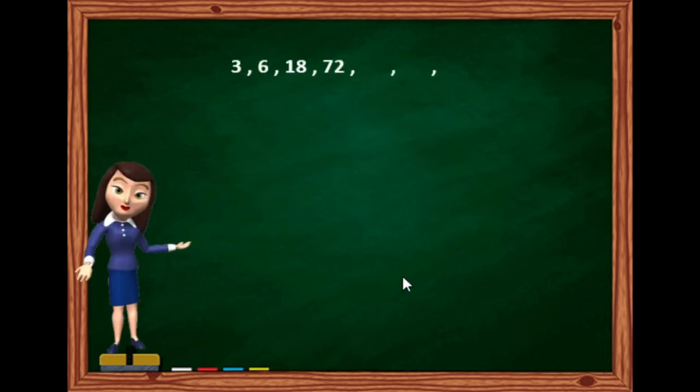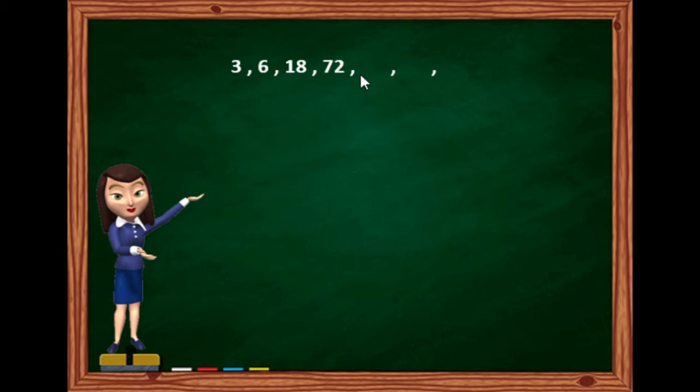Next, we have to look for the next 3 digits after 3, 6, 18, 72.